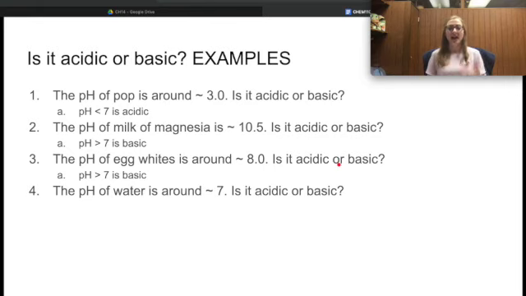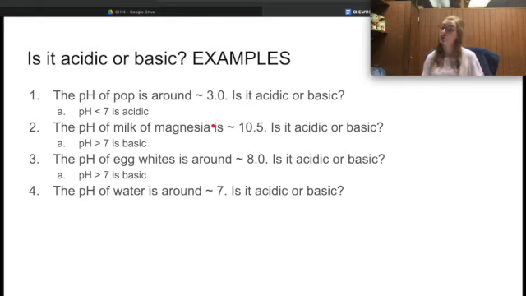So this scale is also relative in terms of the fact that egg whites are a little less basic than milk of magnesia is. Anything closer to 14 is more of a strong base. Anything closer to 7 but still above 7 is going to be a weaker base. And the same thing happens with the acids.